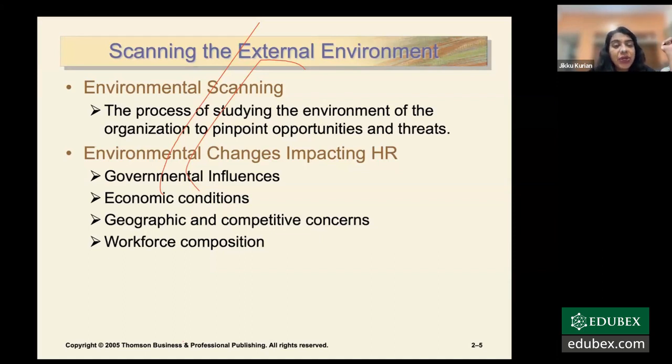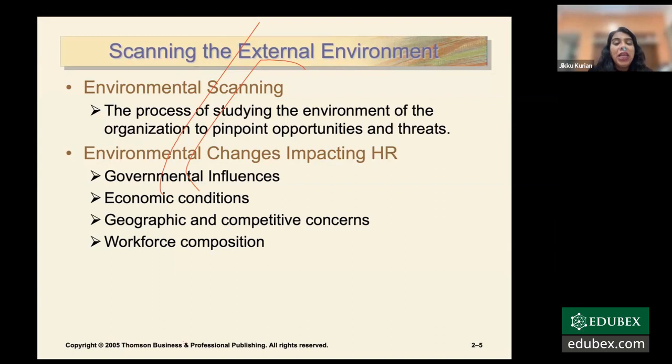The economic conditions which are prevailing in the market. As we already discussed, whenever there is an economic slowdown, obviously there will be an impact on the human resources available and human resource requirements. Geographic and competitive concerns. For example, the geographical location of your organization and the kind of competitors you have both have equal influence on the kind of people you get.